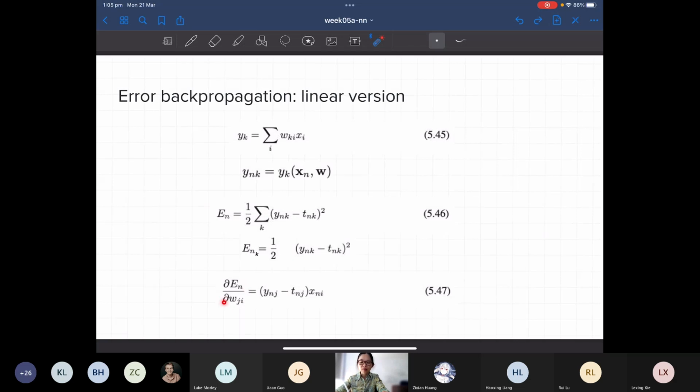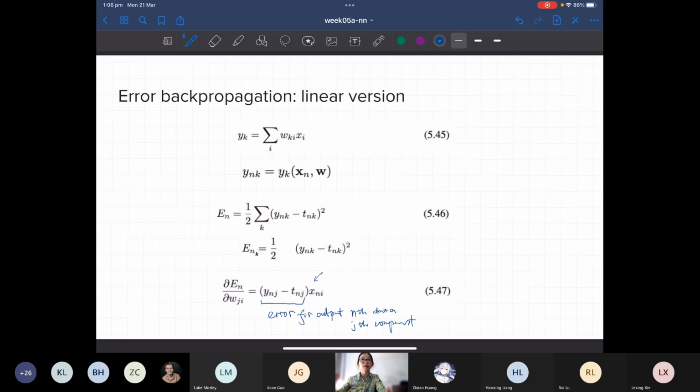We just, the partial derivative for the gradient component on w_ji is simply this. Here's where the name comes from. So this is the error for the output of the nth data point, and j is the input neuron component, scaled by the input, right?